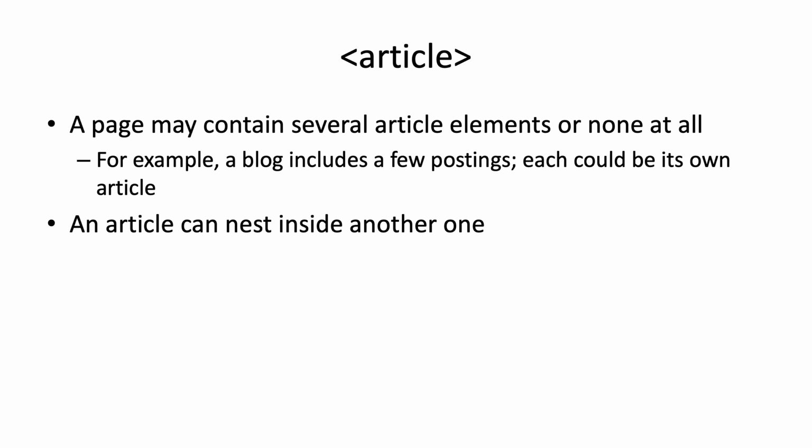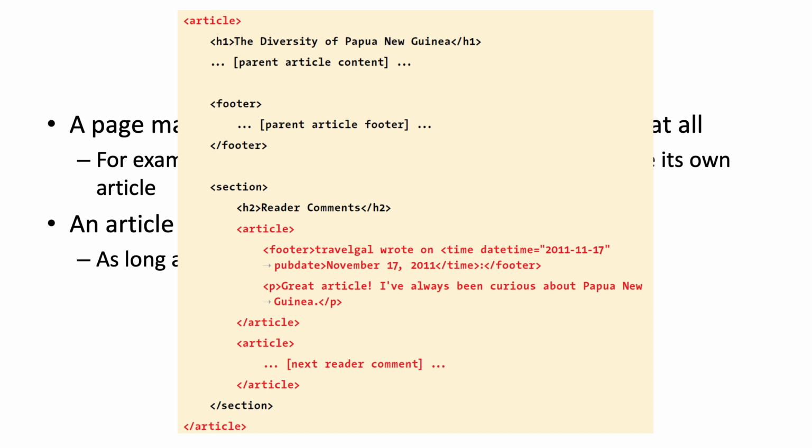And you can have an article nested inside another one, so it's getting a little bit complicated. You can have a sub-article inside another article. Okay, and this is one such example. You have the article, that's the top level article, and then it has its own headings, even footers.